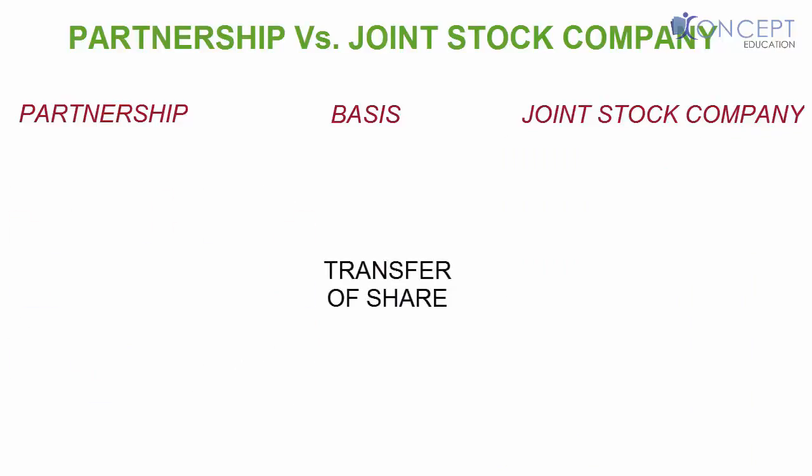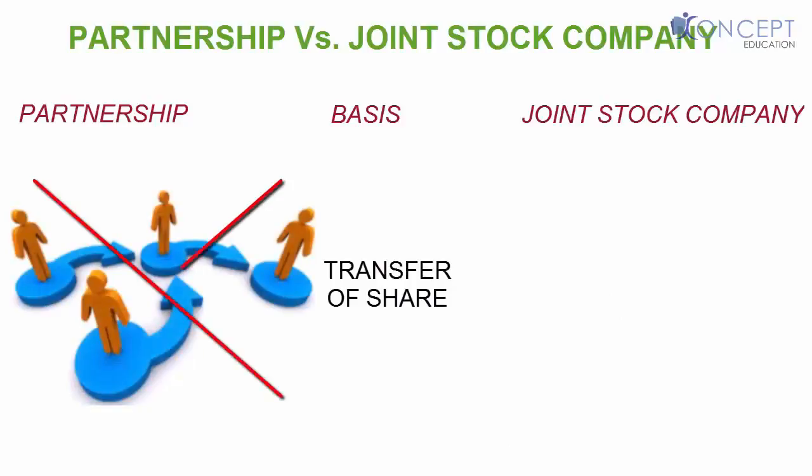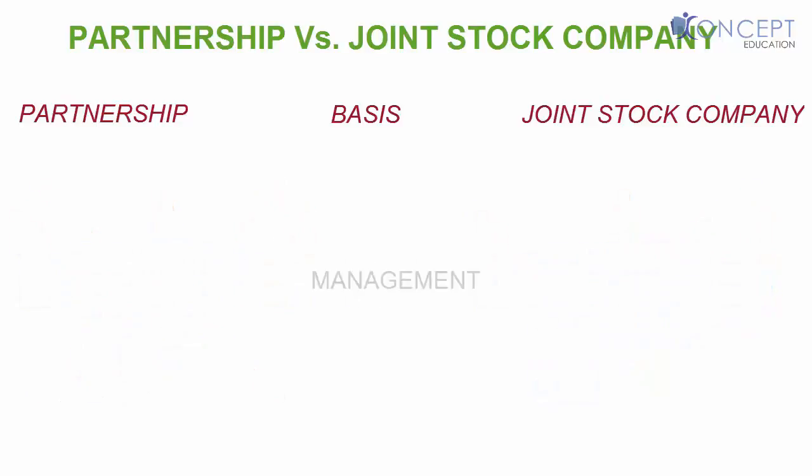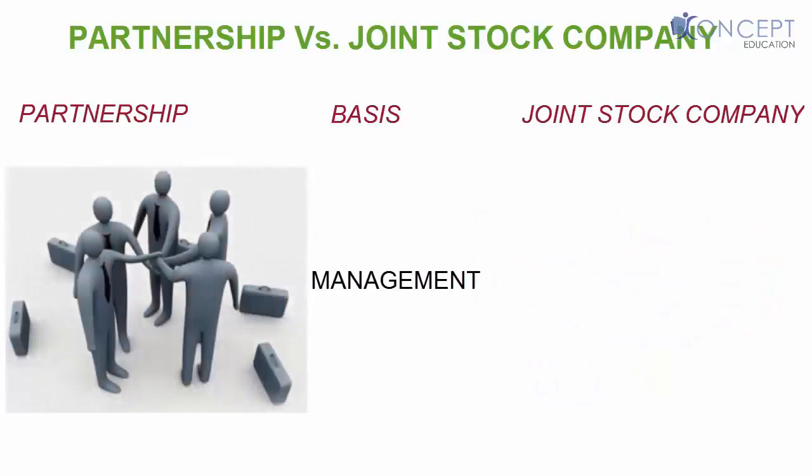A share in the partnership cannot be transferred without the consent of all the partners, while a share in the joint stock company can be transferred, and if it's a public limited company, it can even be transferred in a smoother manner. Management. Well, the partners manage the partnership business.